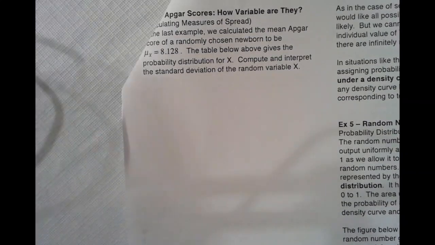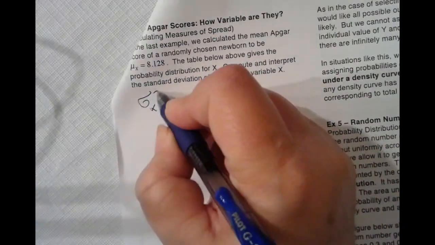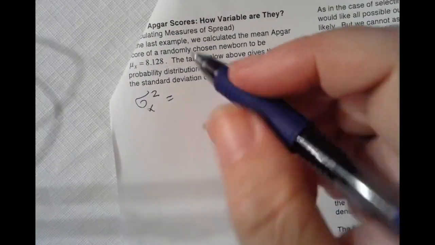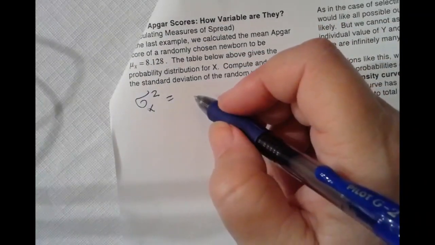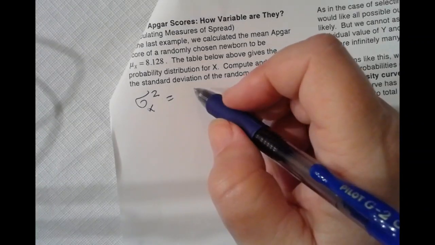So we are going to go ahead and calculate the value, and the first thing we're going to do is set it up. So sigma of x squared, that's my variance. You're going to take the first value, subtract the mean, square it, and multiply by the probability.